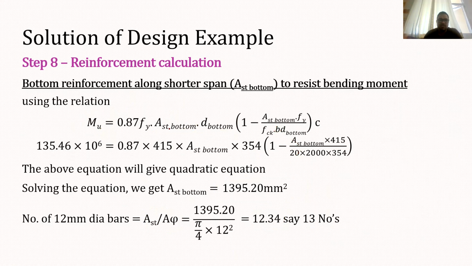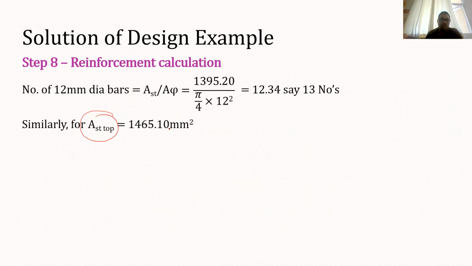So using the same relation, we can calculate AST top, and the final value of AST top is 1465.10 mm square. And finding the number of bars, it is 12.96, which is approximately equal to 13. So in both the directions, we will provide the same number of bars, which is 30 number of bars.